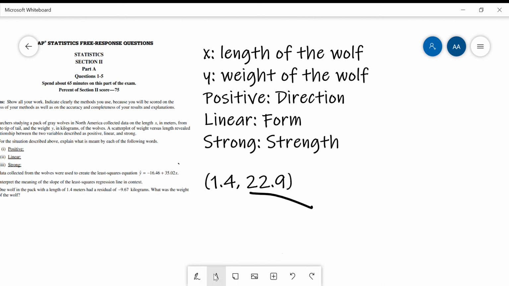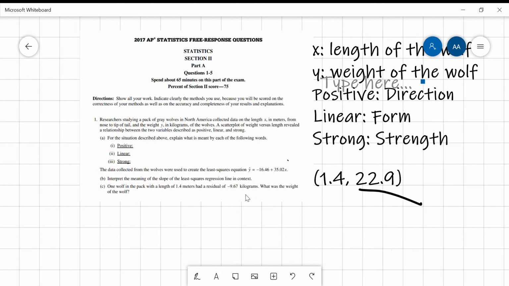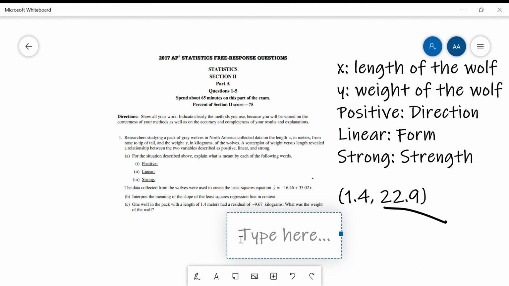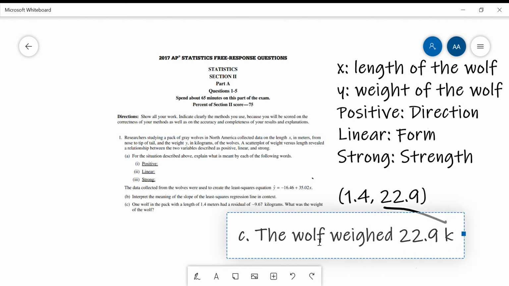I'm going to put that in a text box. So part C, the wolf weighed 22.9 kilograms. And that should be good enough.